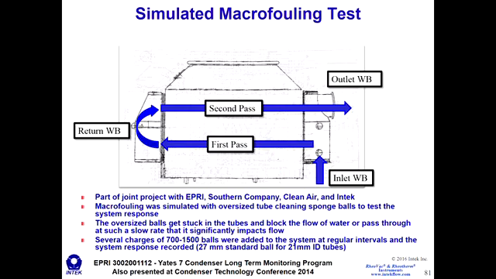There's more details here. This is what we call the first pass of the condenser and the second pass of the condenser. And so we'll look at data from meters that are installed on the outlet of the first pass and meters that are installed on the outlet of the second pass.